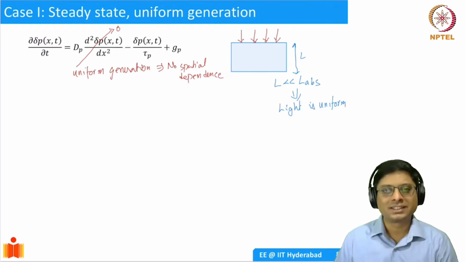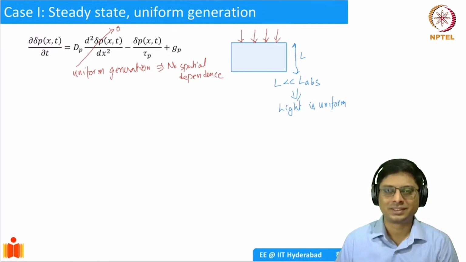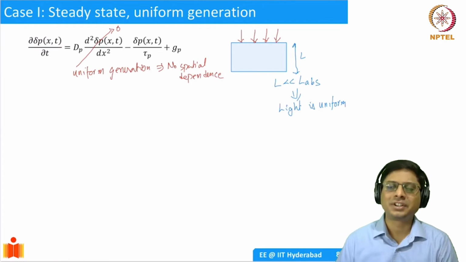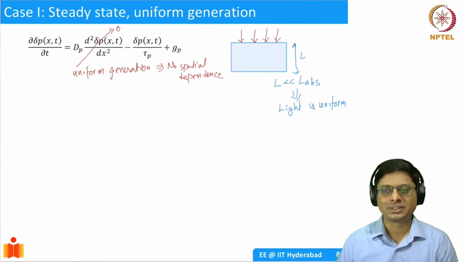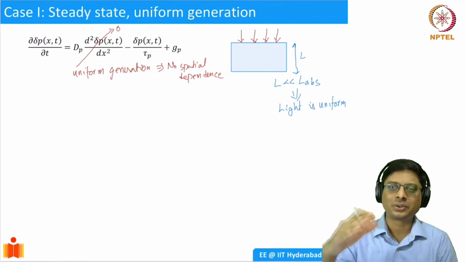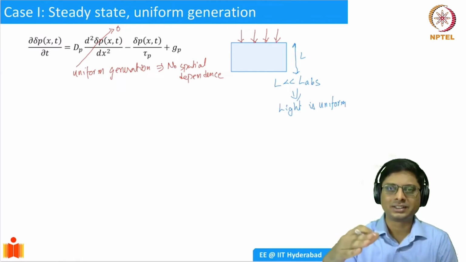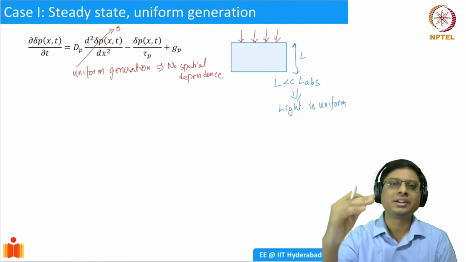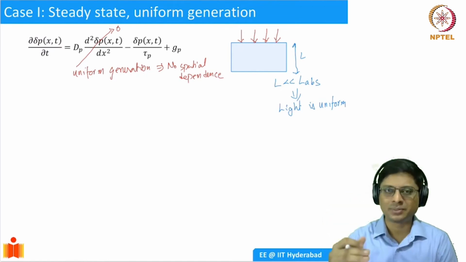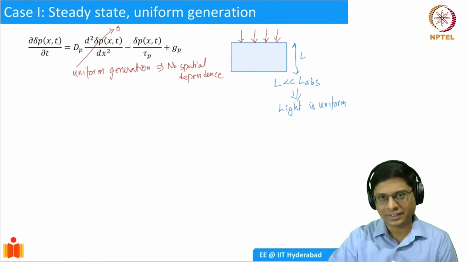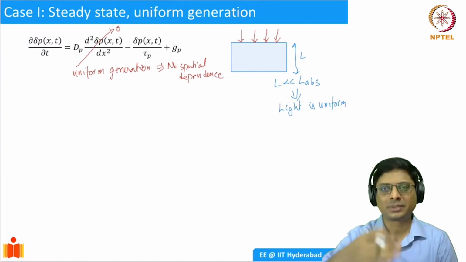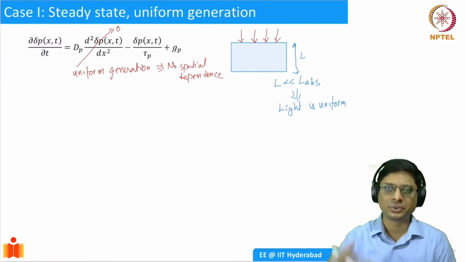And I'm also saying that this is a steady state problem, by which I mean that I have turned on light and I'm waiting for some time till everything stabilizes. It's not the same as equilibrium. Once you introduce electron hole pairs by using light, there is an excess minority carrier density, and then there is some recombination. So light is driving the creation of excess minority carriers, and recombination is reducing it.